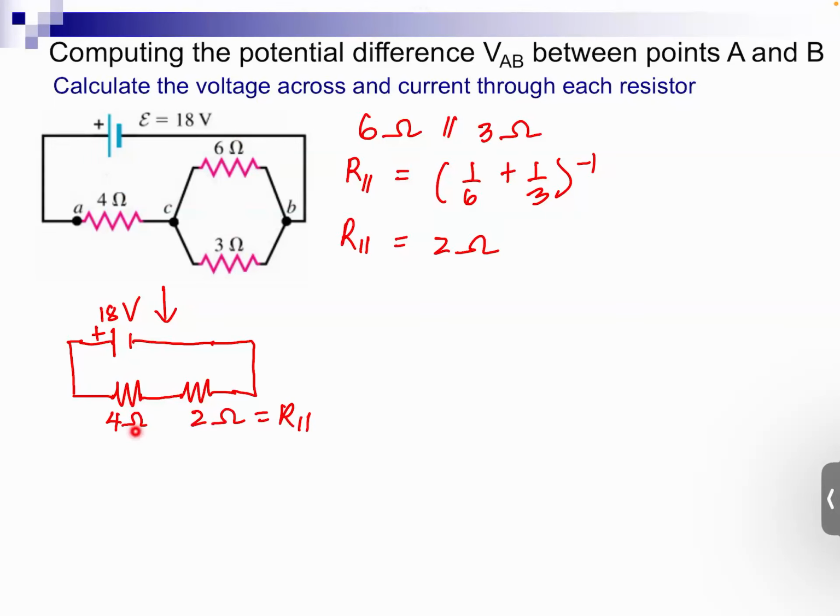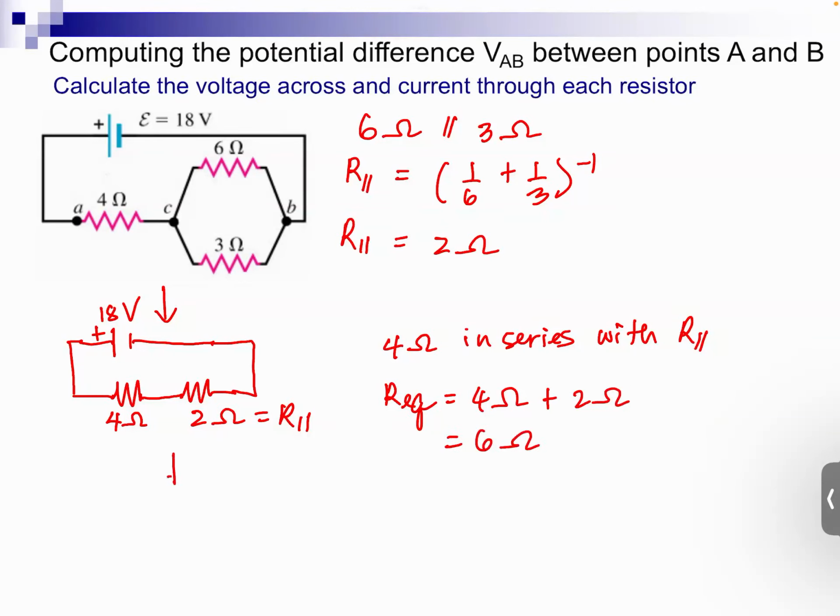Right, so these 2 resistors are in series: the 4 ohm in series with the parallel resistor. So the equivalent resistance is 4 ohms plus 2 ohms, 6 ohms.